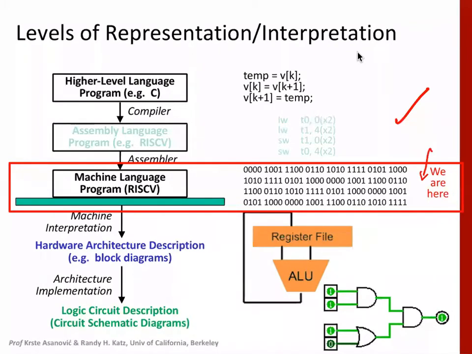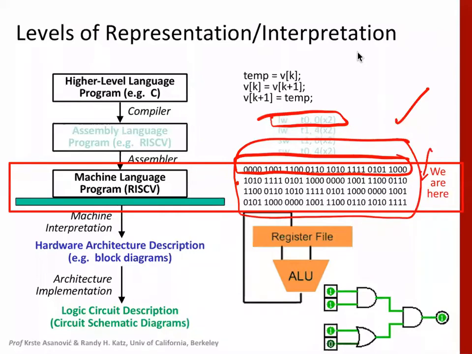This instruction, for example, will be converted into the sequence of zeros and ones shown here, the second one will be converted here, and so on. If you were given only this kind of combination to code, note that it is extremely hard, and chances of errors are also there. So you code in assembly and give it to the assembler, and the assembler converts it into this kind of binary.